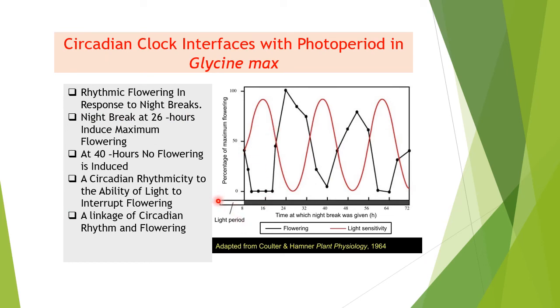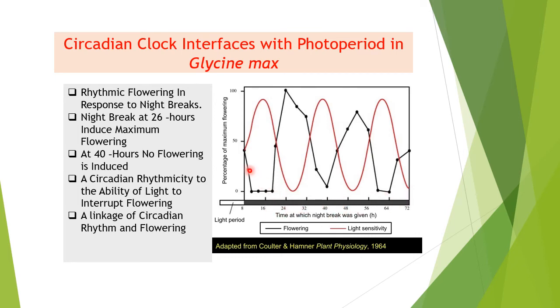If you see, these are the 8 hours light period, and then it's given an extended period up to 64 hours of continuous dark period. But this dark period is interrupted at different durations of the extended night.